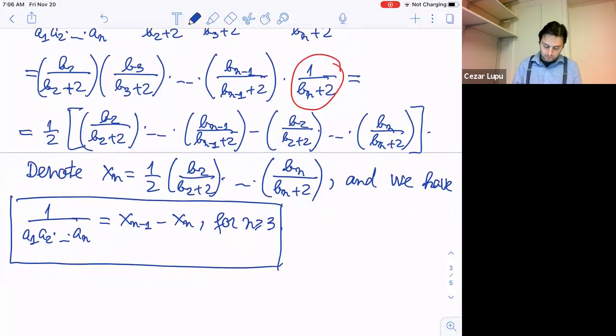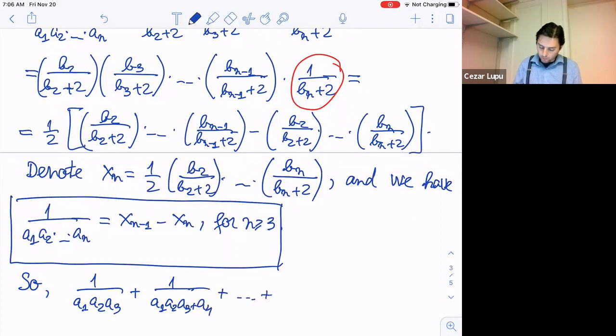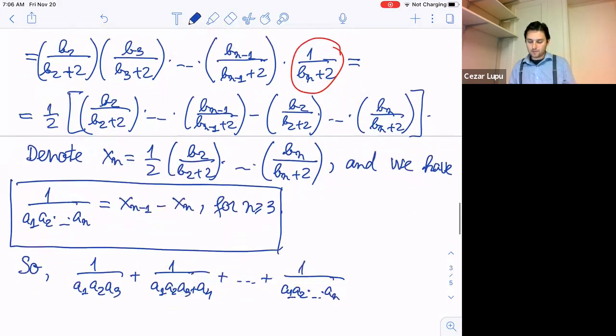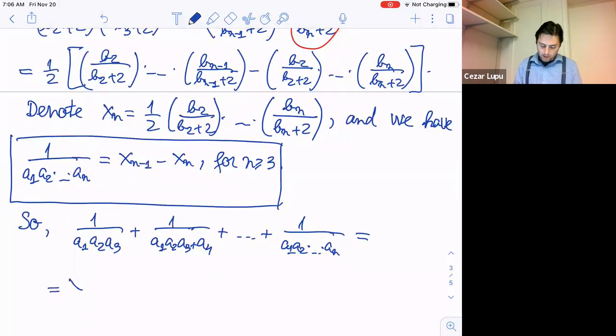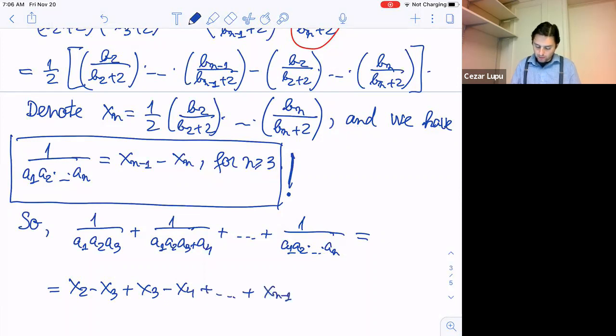So 1 over A1, A2, A3 plus 1 over A1, A2, A3, A4 plus so on, plus 1 over A1, A2, An, will be nothing else than x2 minus x3 plus x3 minus x4, if we use the relation above, plus the last one, which will be xn minus 1 minus xn.